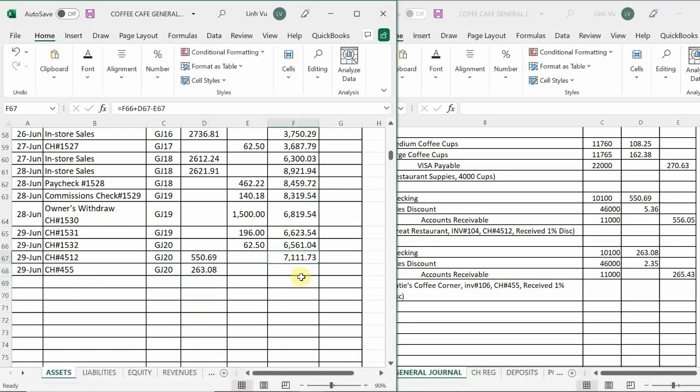So therefore, how much money do we have? $7,374.81. Good.